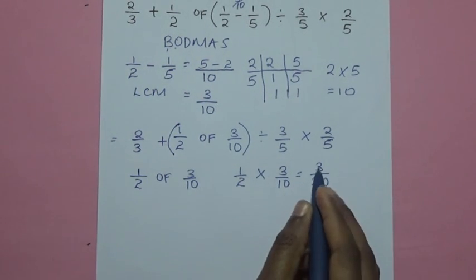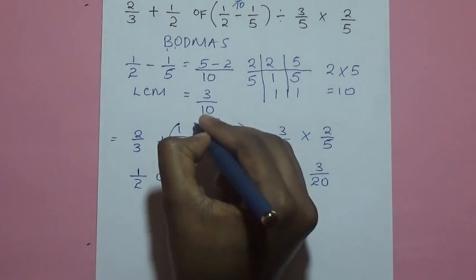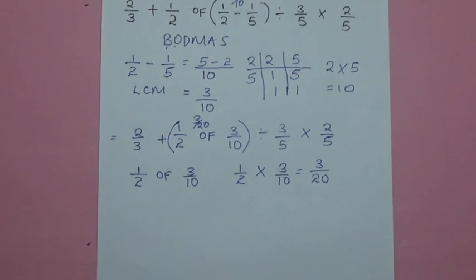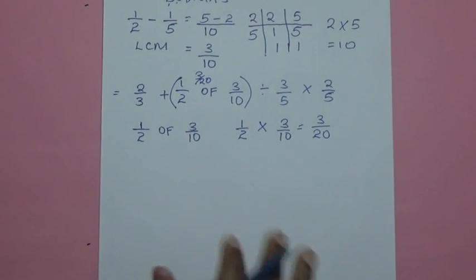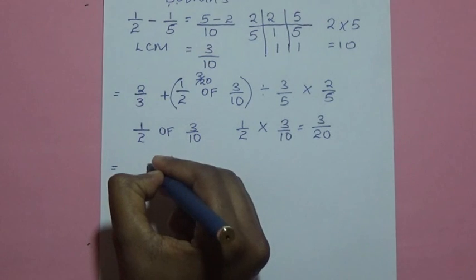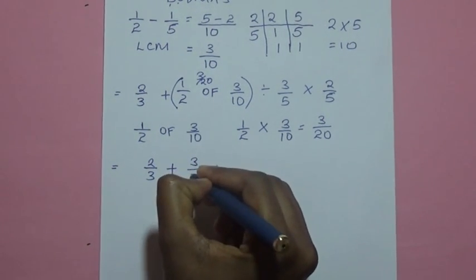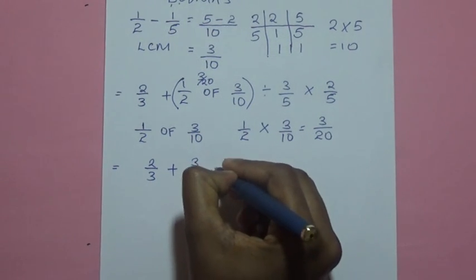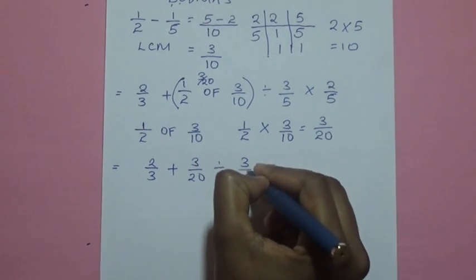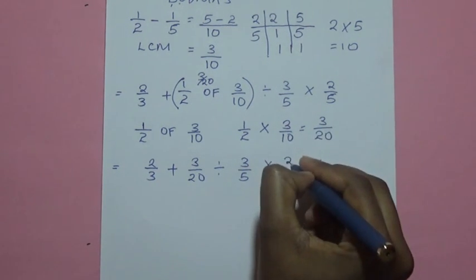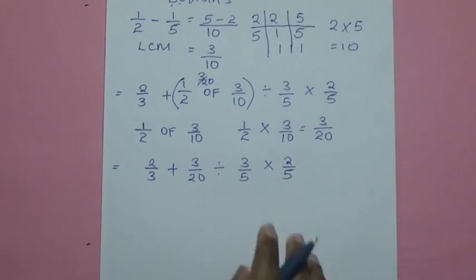So we get 3 over 20. We write down what we have. We have 2 over 3 plus 3 over 20 divided by 3 over 5 multiplied by 2 over 5.